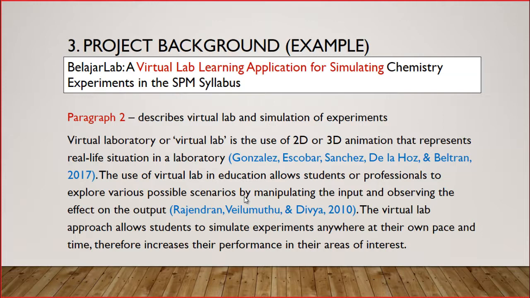Let me give you one example. If, for example, she is creating this for MARA, but she is not. Let us assume that she is creating this for MARA. MARA asked her to create it for MRSM students, Maktab Rendah Sains MARA. The specific requirement is decided by MARA.